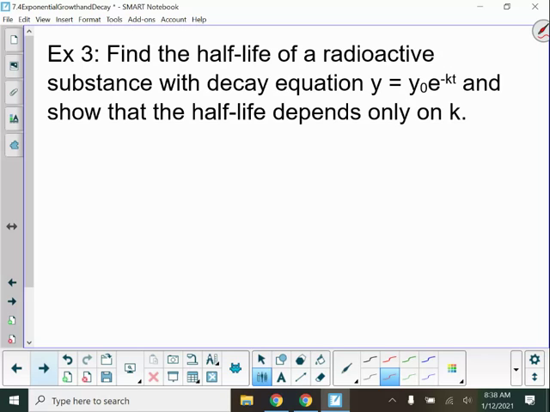So half-life means that after a certain amount of time has passed, we are going to be solving for time. That's our goal. If one entire half-life has passed, that means that half of the original amount is left. So my y is going to be equal to half of the y sub 0.